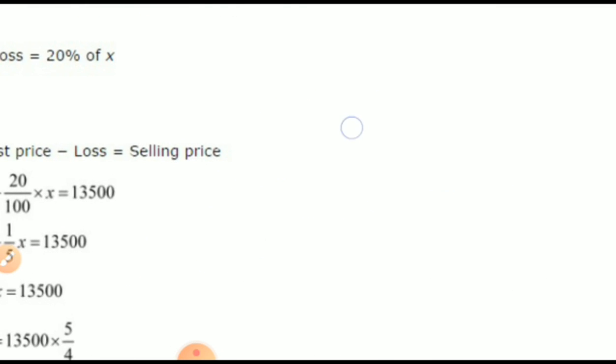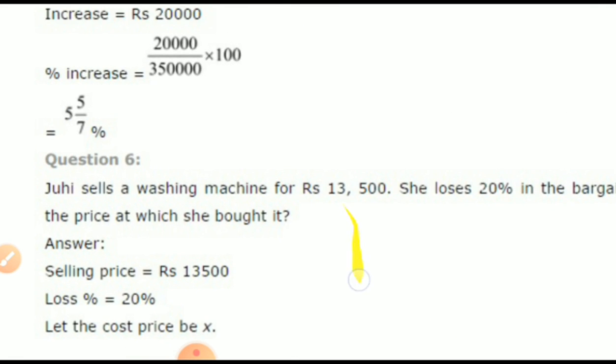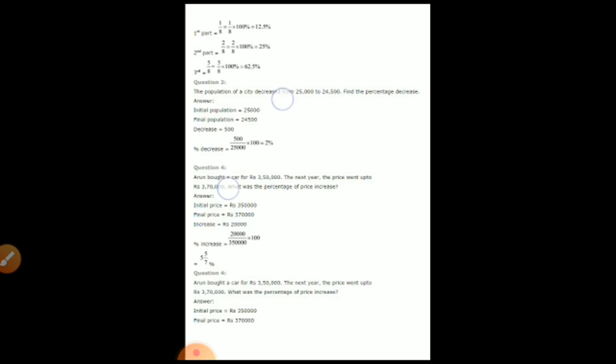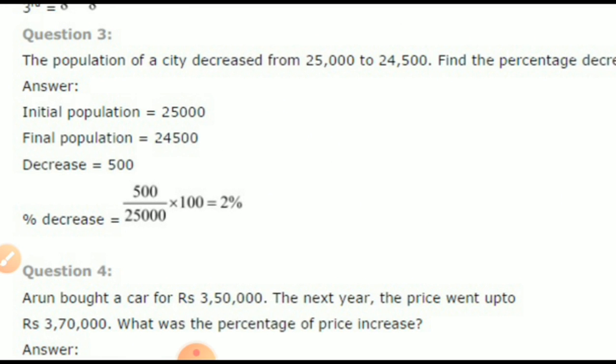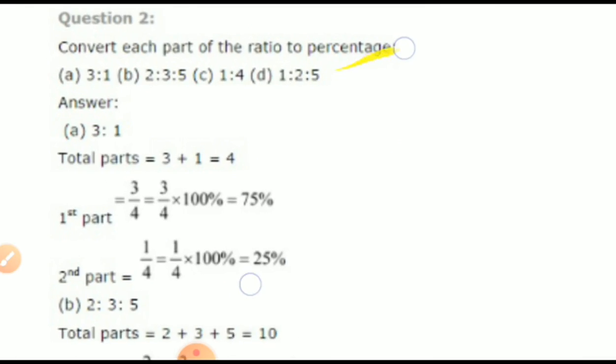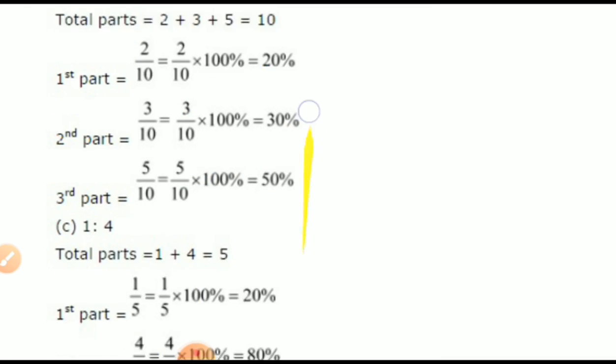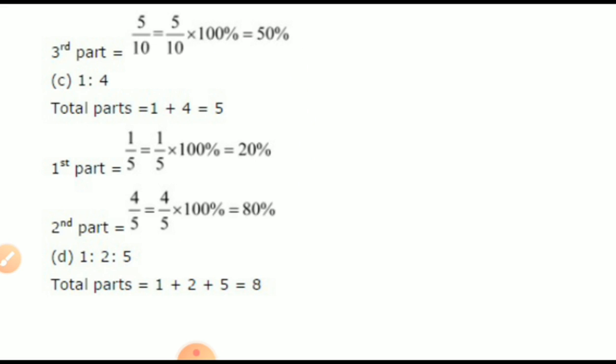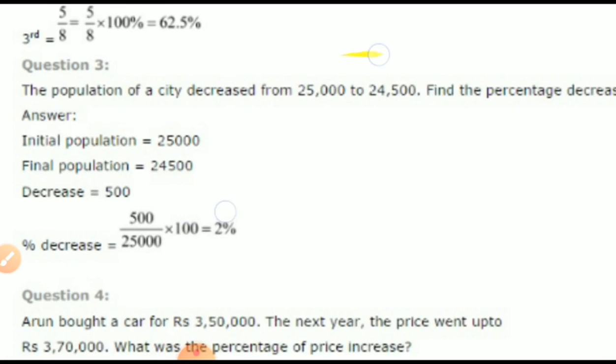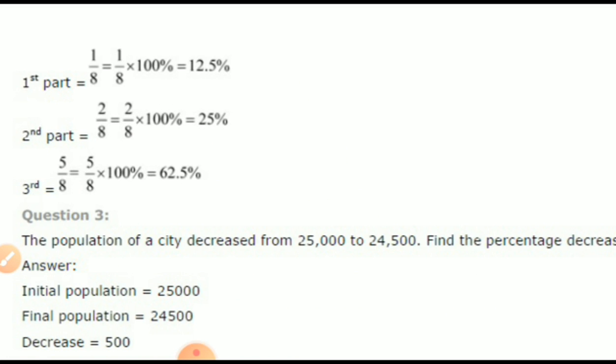Yes, my dear student, look at here. 1 upon 8, that means 12.5. 2 upon 8 gives us 25, and 5 upon 8 will give us 62.5. When you add up all these percentages, you will get 100. It will give you 100 only.